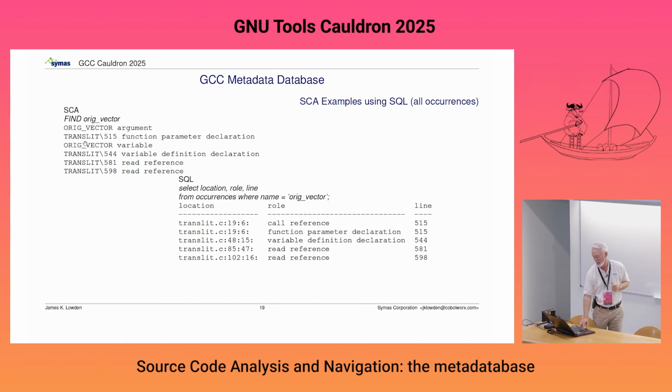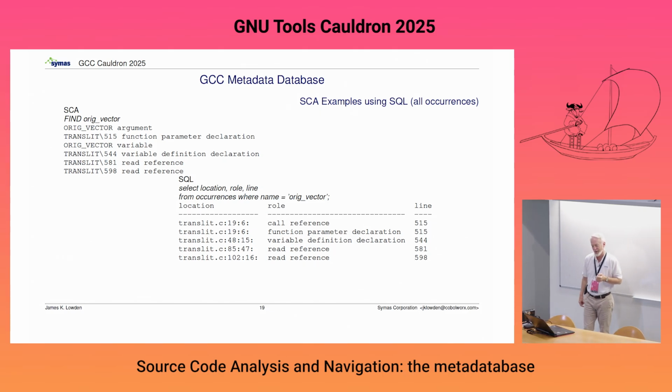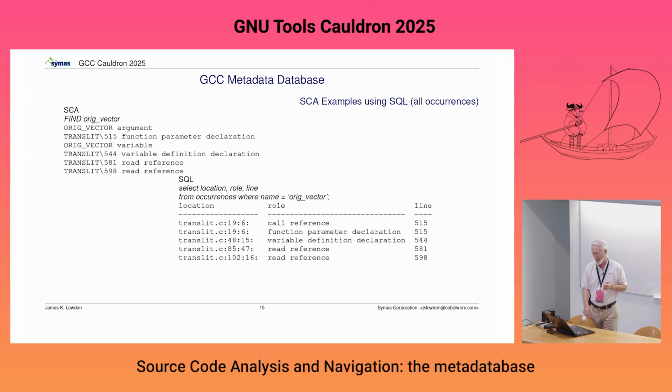And this is their output, because it was 1995. What they're doing is they're saying on these lines, 515, 544, 581, 588, a rig vector appears once as an argument, once as a variable definition, and twice being read.